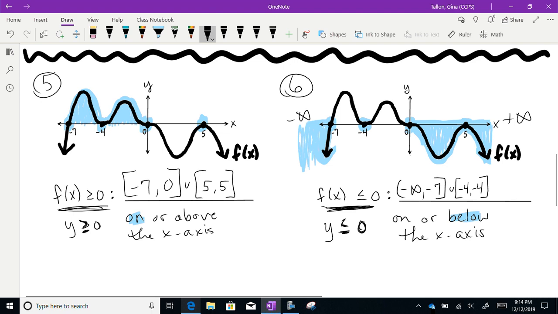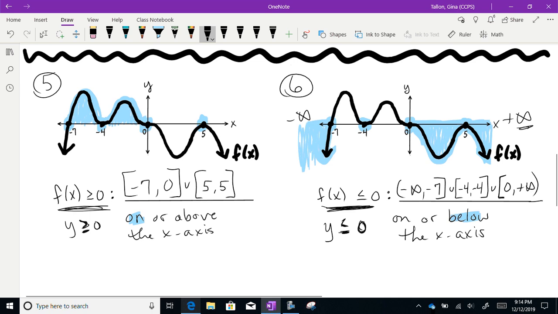And then I have a whole bunch more over here that's all blue. Union, I start again at 0 and I include that 0, that's why we have a bracket. And I'm going to go all the way to positive infinity up here and close that with a set of parentheses. And I'm done with that question.